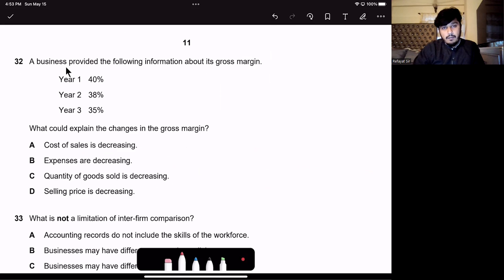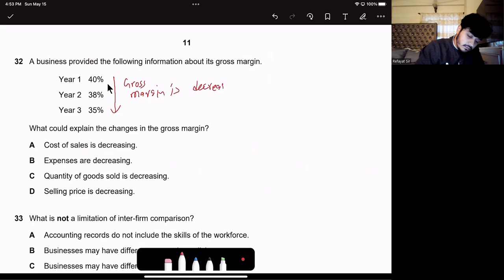32. A business provided the following information about its gross margin: year 1, year 2, year 3. What we can see is that gross margin is decreasing. When does gross margin decrease?